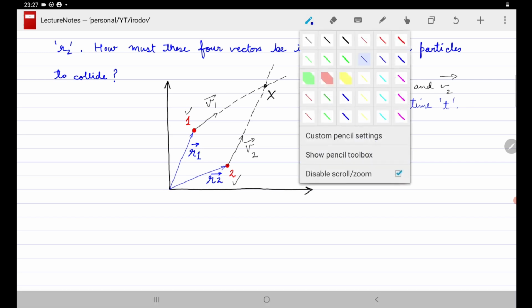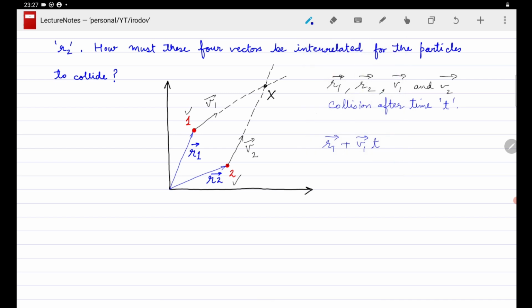Let's say this is the origin. For the first particle, its initial position vector is given by r1, and then it travels from this point 1 to point x in time t with a velocity vector of v1. So we get r1 plus v1t.